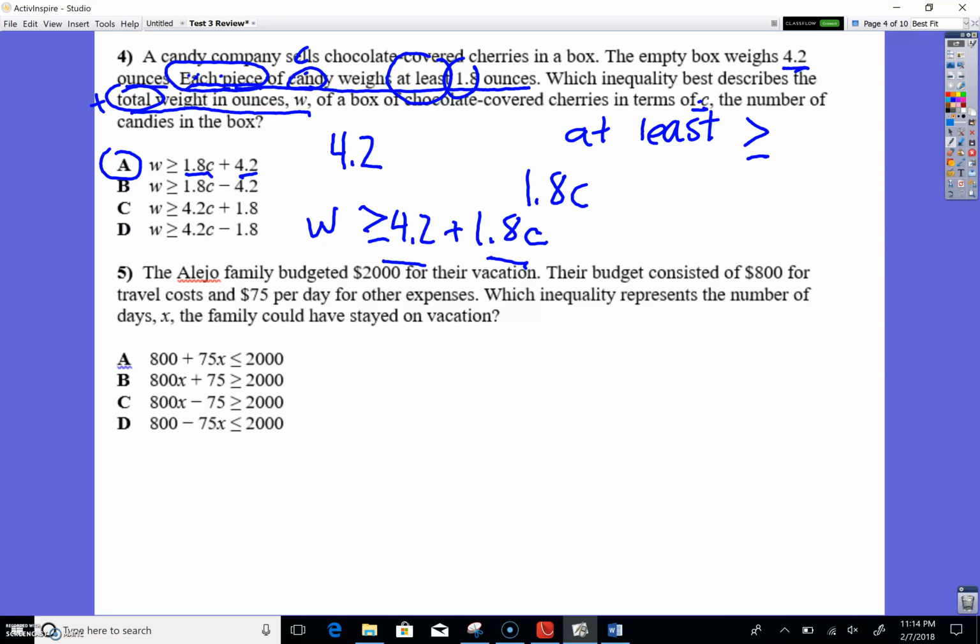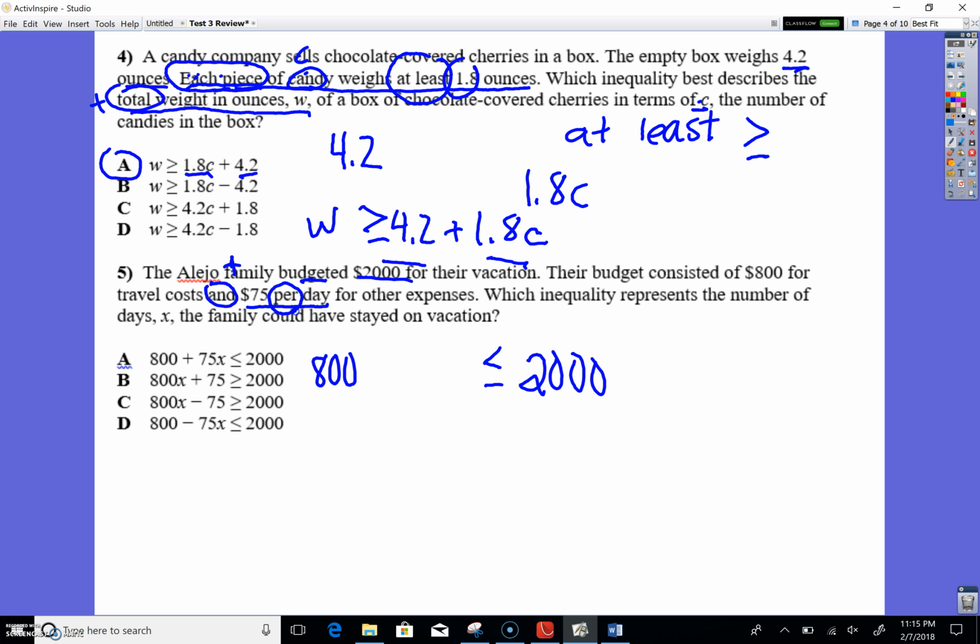The Alito family budgeted $2,000 for their vacation. So the most they're going to use, because it's a budget, is $2,000. That's the most they can use. Their budget consists of $800 plus a certain amount per day.